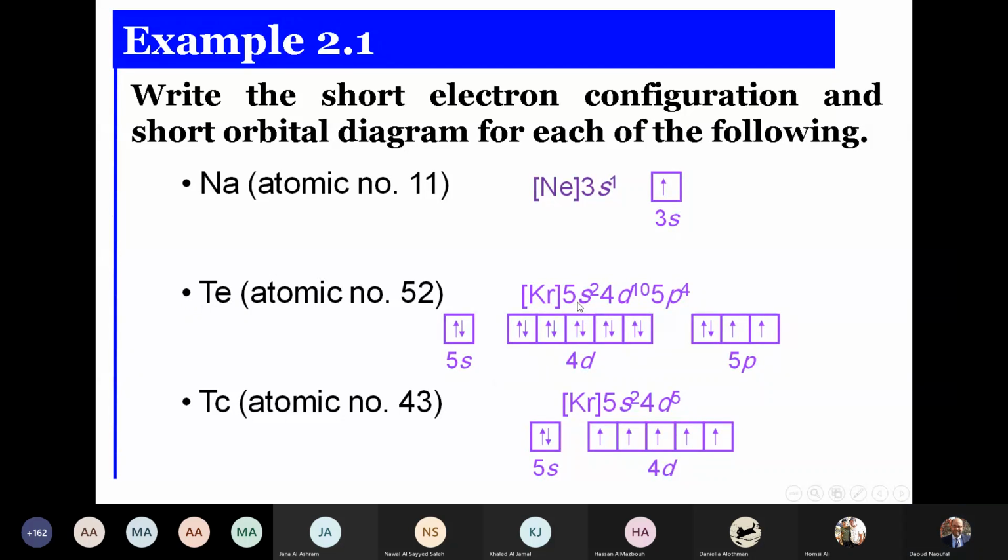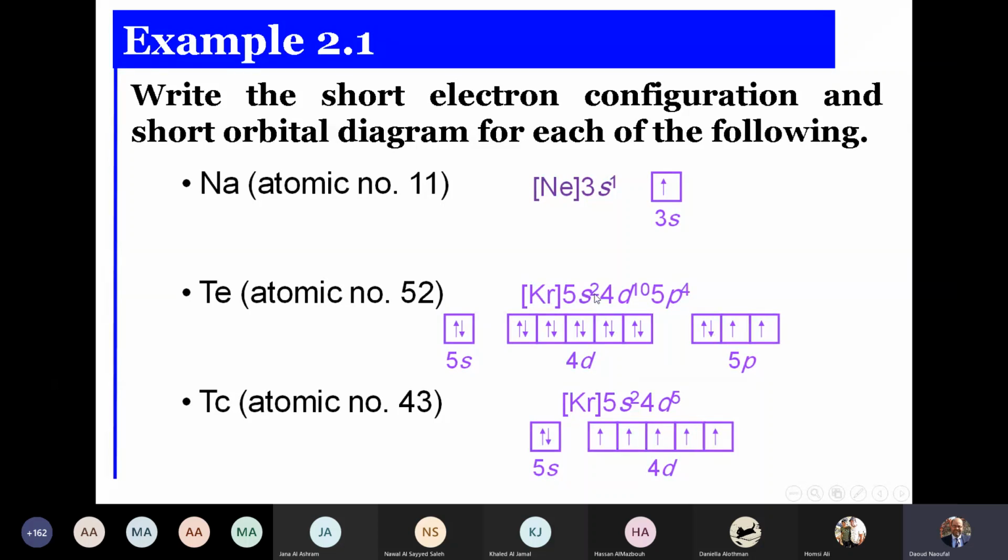Te, the electronic configuration, Z equals 52. So we write only the valence shell. The closest rare gas for Te is krypton with Z equals 36.